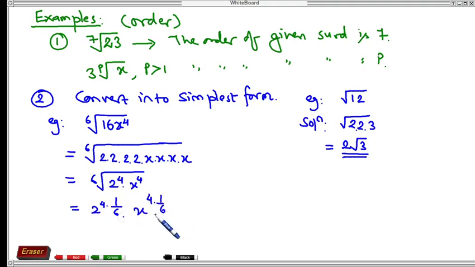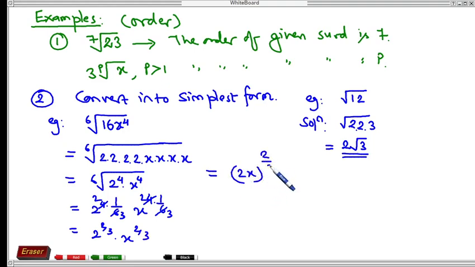The order will be divided, I know, it converts this way. Then 2 to the power 2 by 3 times x to the power 2 by 3. Then simply write (2x) to the power 2 by 3. Then it can be written as the cube root of (2x) whole square, that is the cube root of 4x square.